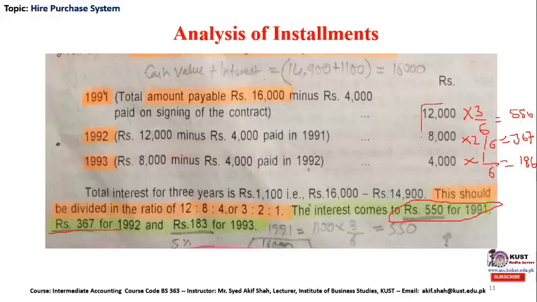Rather than multiplying these ratios with the outstanding balance, you have to multiply these ratios with the total interest due amount.